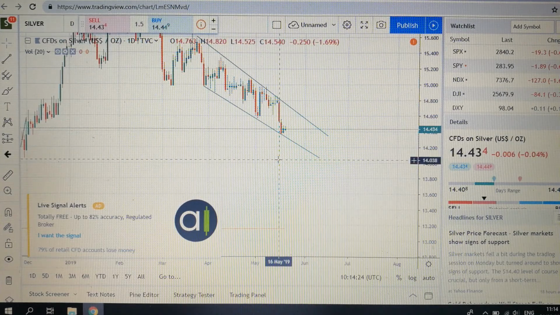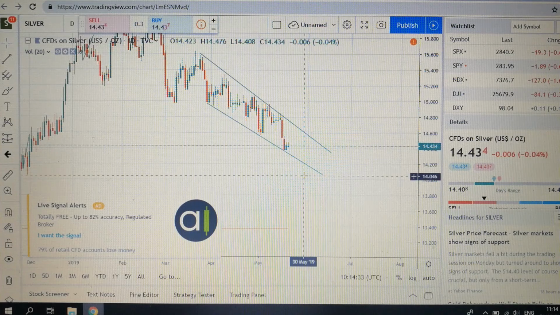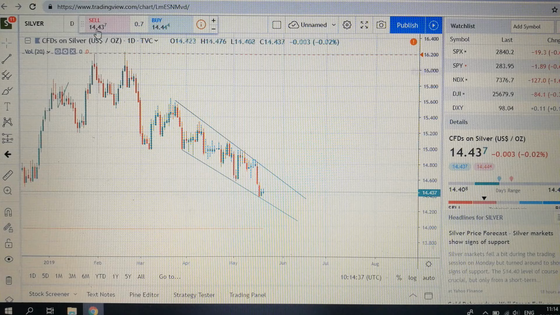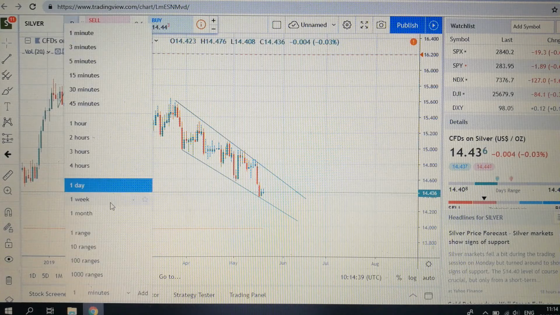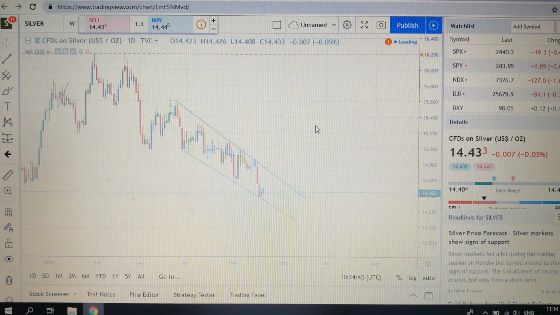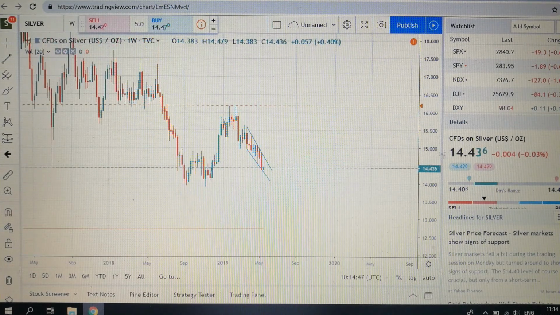Obviously there could be some main factors that lead to a higher price for silver currently, but the bears are definitely in charge here. Looking at the scale, let's change to monthly. These are the weekly figures. Let's bring that up and see what we've got.